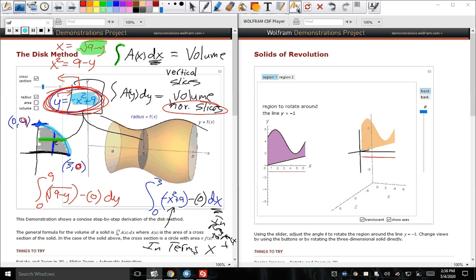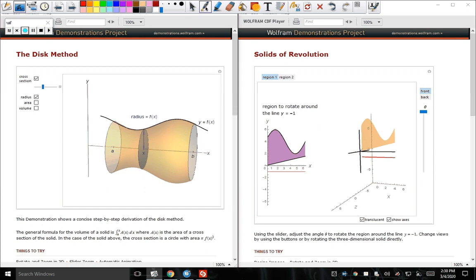This disk method. Here we go. What would you say is step 1? Find the shape of each slice. And on this one, the shape of each slice is going to be a what? A circle. So the area is pi r squared.